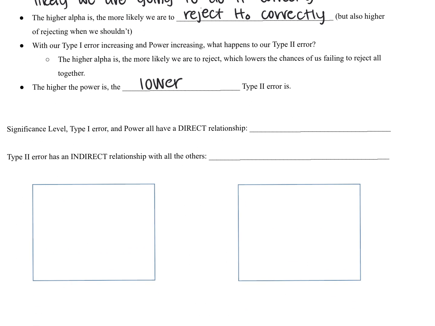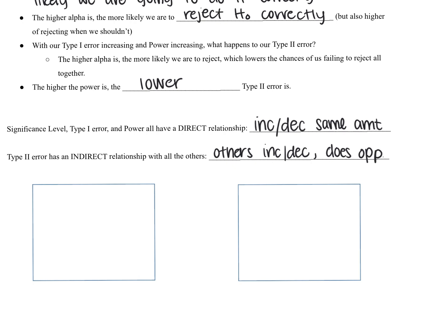That tells us that significance level, type 1 error, and power all have a direct relationship, which means they increase or decrease by the same amount. And type 2 has an indirect relationship with all of them, which means when the others increase or decrease, it does the opposite.